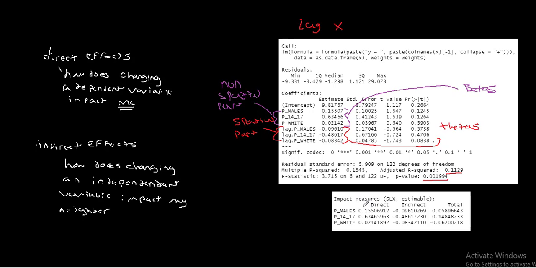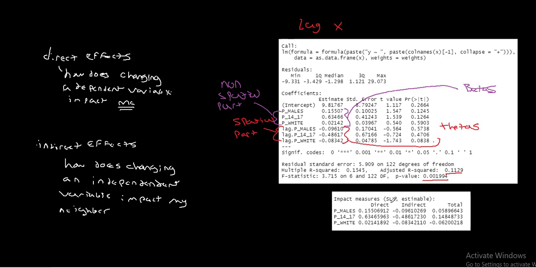Just to walk it through here, again this is a garbage model. In this particular case, we were trying to regress the percent vacant based on the percent males, percent age 14 to 17, and percent white. None of these are statistically significant, but we're going to walk through it anyway.